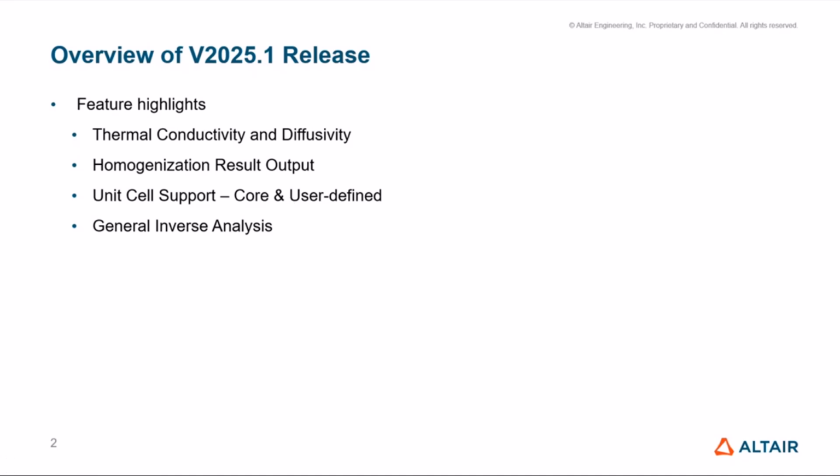And one of the major missing features is this general inverse analysis, which enables the inverse characterization of any material within any material template, allowing full freedom to the user.